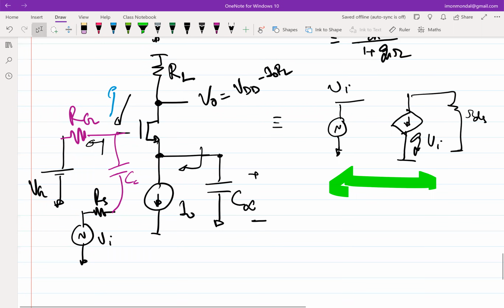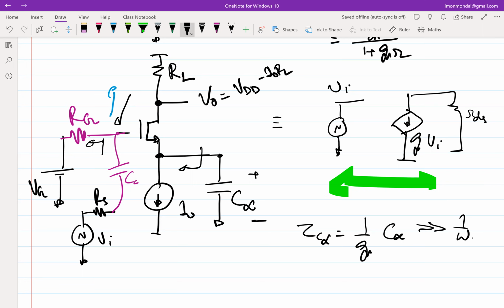So tau associated with C infinity is 1 over GM times C infinity. And this should be much less or much greater? Much greater than the frequency of interest.